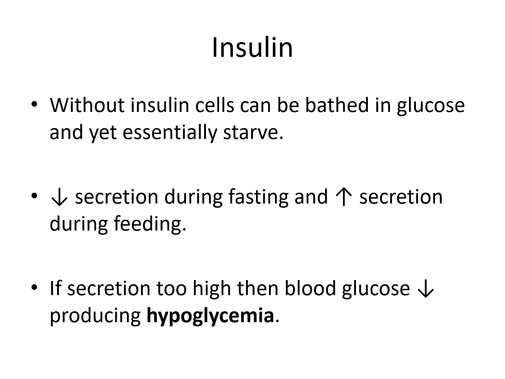Without insulin, cells can be bathed in glucose and yet essentially starve, because insulin is required to bring the glucose into the cell. Secretion decreases during fasting and increases during feeding. Of course, if the secretion is too high, then the blood glucose decreases, producing hypoglycemia. So that's bad too.